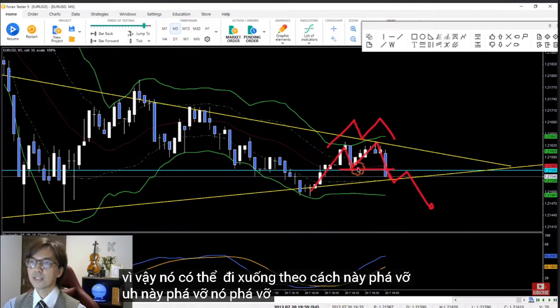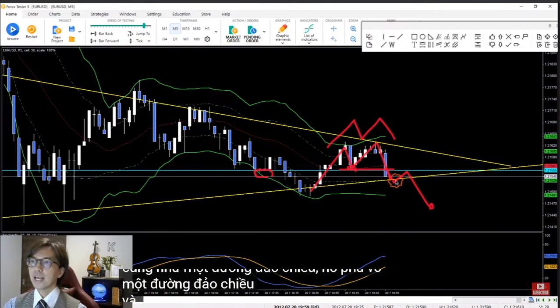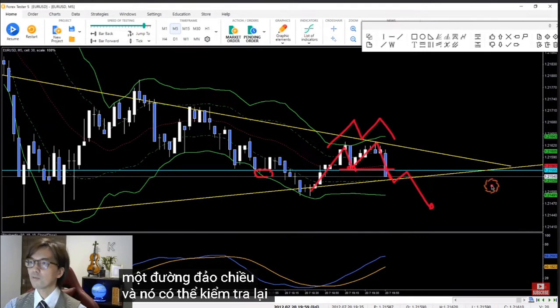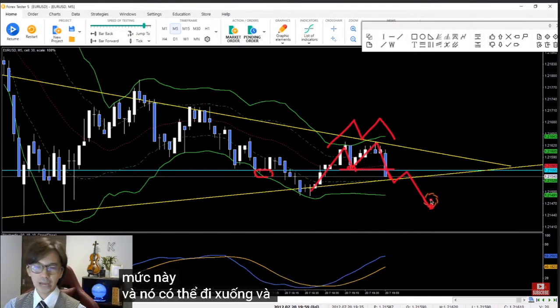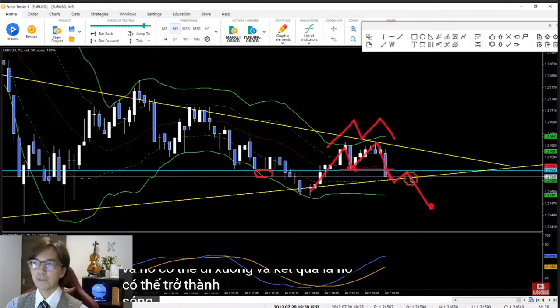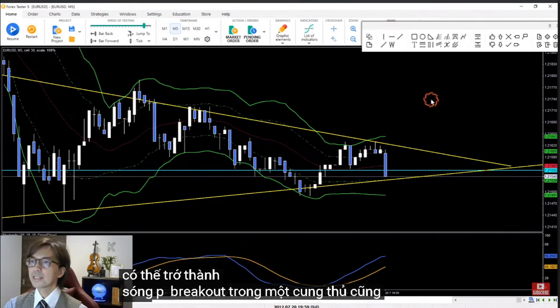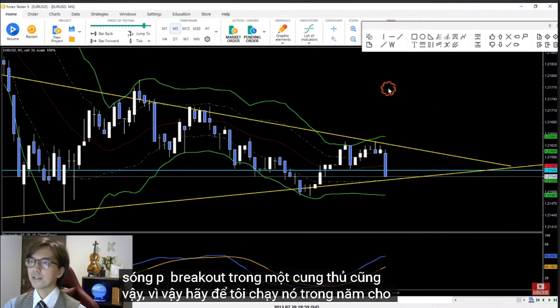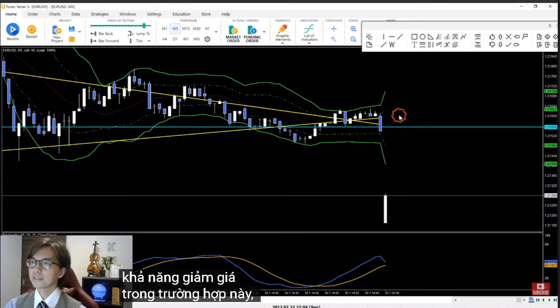It's breaking the previous support, as well as this reversal line, and it might retest this level, 1.21555 level, and it might go down. And as a result, it may become a P wave breakout in 1 hour chart as well. So let me run it by 5 until I see the potential bearishness in this case.